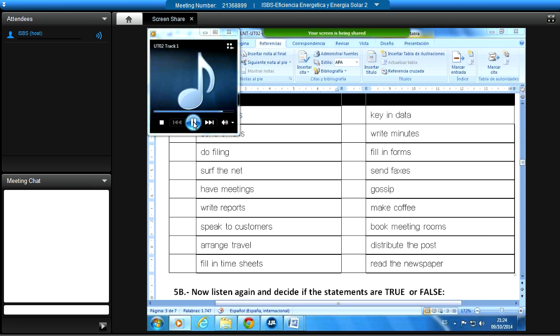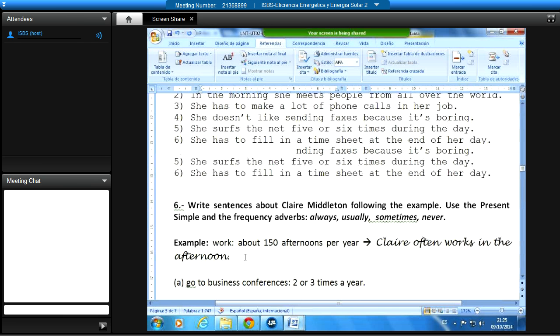It breaks the routine of the day. I often have to key in data. It's a bit boring, but it's part of the job. At 5 o'clock, I fill in a timesheet, and that's a typical day. And that's typical then. Okay, good.